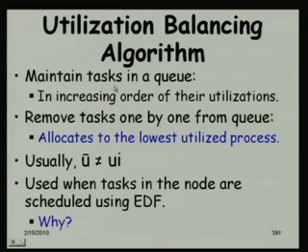In one, the tasks are maintained in a queue ordered in increasing order of their utilization, and in another, ordered in decreasing order of their utilization. Please check which one, because we said that this is the figure of merit of the utilization balancing algorithm, which one will lead to more balanced utilization or will have a higher figure of merit.